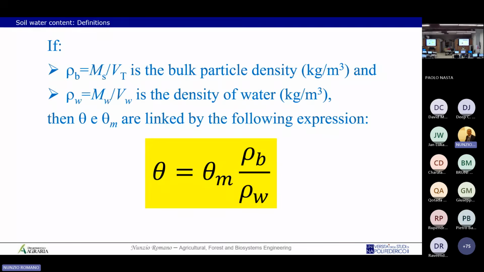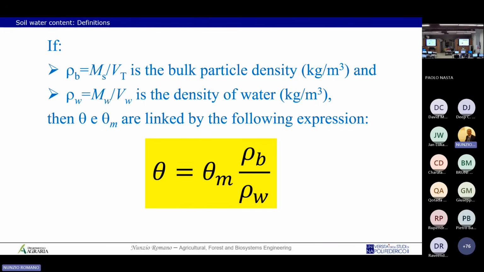Okay, and there is, of course, a relationship between the gravimetric water content and the volumetric water content. You can see this relationship in this slide. Usually, especially in the lab, you measure the gravimetric water content.